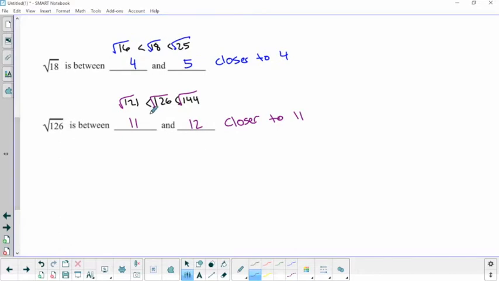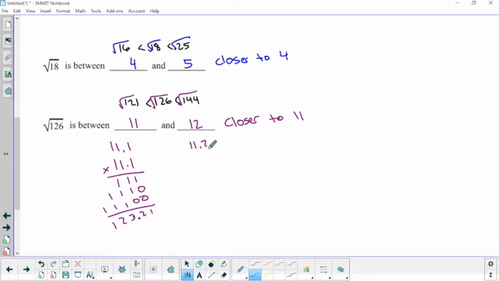If you wanted to estimate, you could see if maybe 11.1 works. Square 11.1. Remember, this is a part where you don't have a calculator. You do the 1 times 11.1, and 1 times 11.1, and 1 times 11.1. I get 1, 2, 3, 2, 1. That's a pretty number. Okay, so 123.21 is not quite 126, so maybe a little bit bigger.